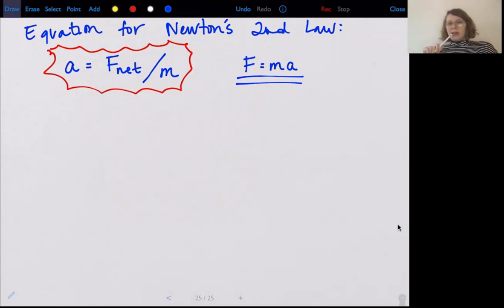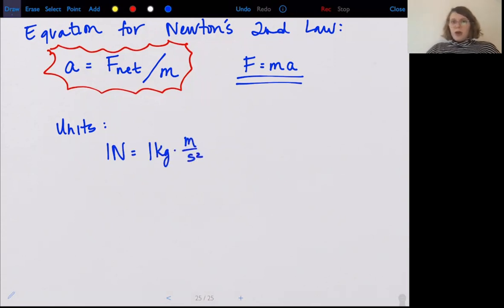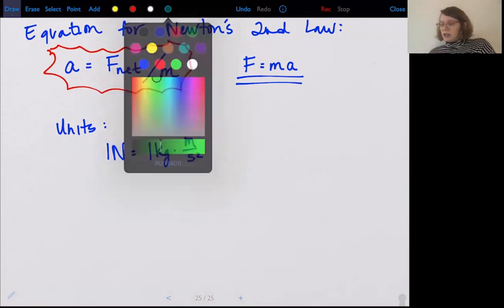I want you to remember one thing about the units of newtons. Remember that 1 Newton is equal to 1 kilogram times meter per second squared. Sorry, there's a helicopter going by. All right. So that's very important that you keep that in mind, and it also makes sense if you look at the equation.